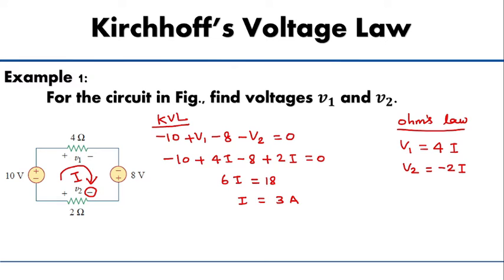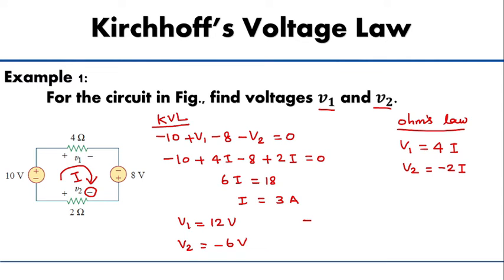Therefore, a current of 3 ampere is flowing into the circuit. Now we need to find the voltages V1 and V2. We know that V1 is equal to 4 into I, which gives 12 volt, and V2 is minus 2 into I, which gives minus 6. We can also verify Kirchhoff's voltage law by applying these voltages in the loop.